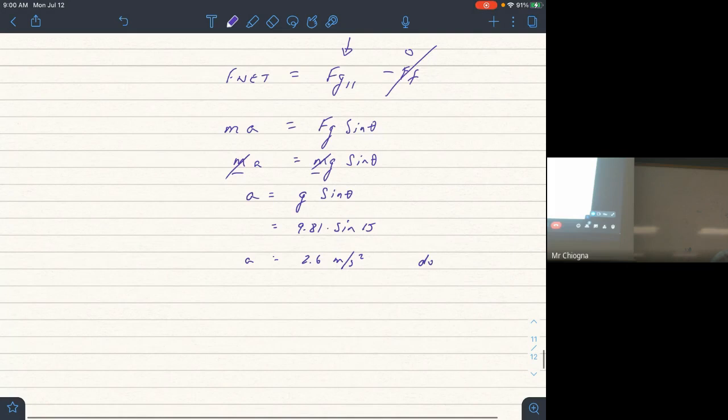The acceleration is down the plane, down the incline. Okay, that's part A.